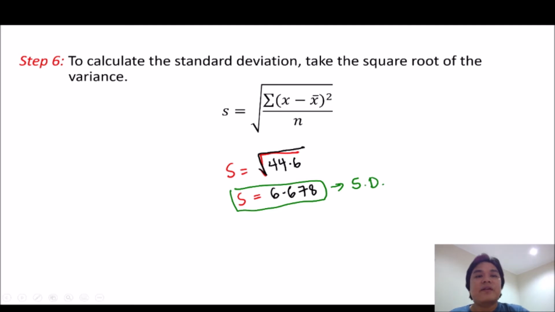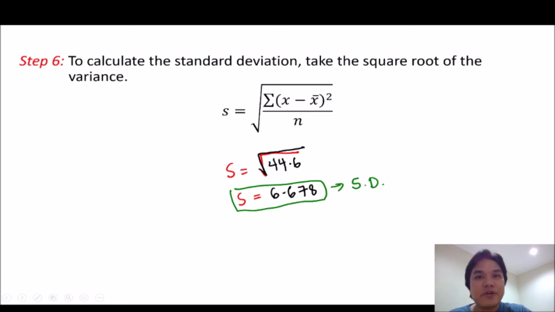Remember, all you have to do is get the square of the deviations, get the sum of all the squared deviations, then divide it by the number of scores, and that gives you the variance. And for the standard deviation, you just take the square root of your variance.